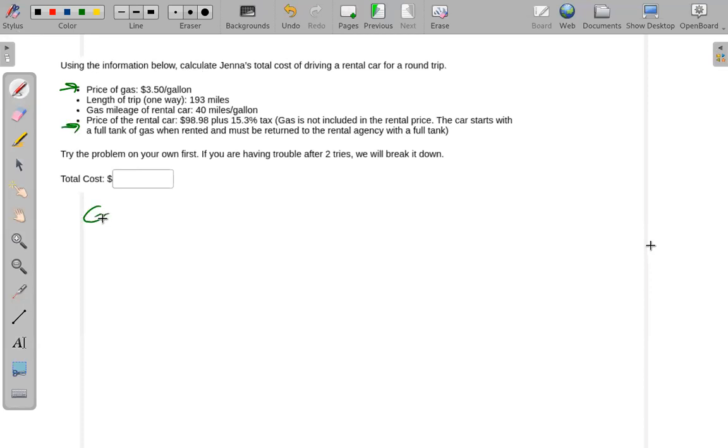So for gas, we've got 3.50, and I'm going to write it as a stacked fraction, a unit fraction per gallon. And eventually, that's one way, and we want the total trip round, so we're going to have to double that. That's important. And the 40 miles per gallon, we'll throw in that next here.